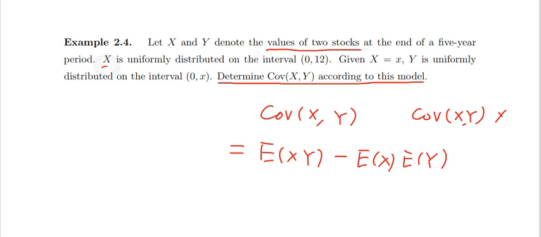So X is uniformly distributed on the interval 0 to 12. So X is uniform from 0 to 12. Okay. So this means the density function is constant from 0 to 12.